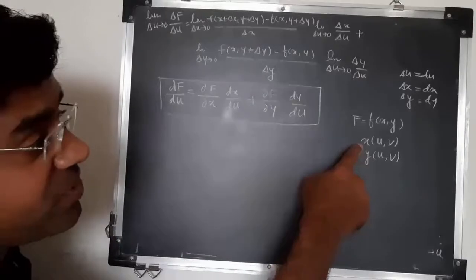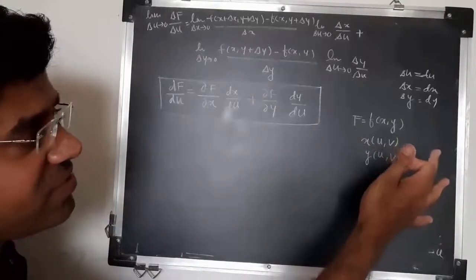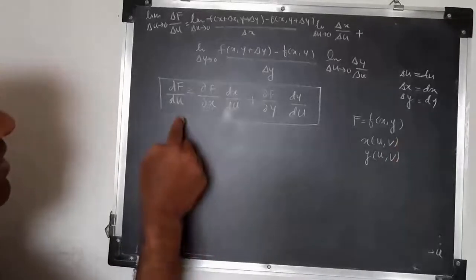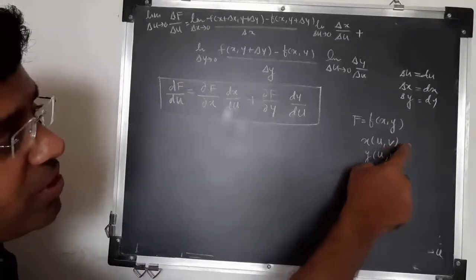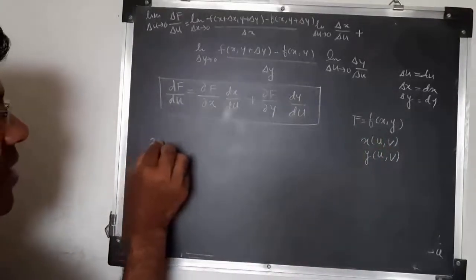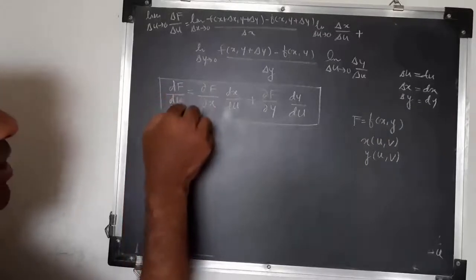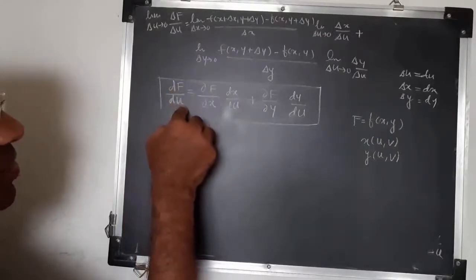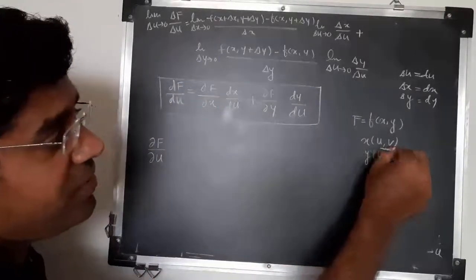Now x is a function of two or more variables, so we have to generalize the formula. So I can write del f by del u, not df by du, because here f is a function of u and v.